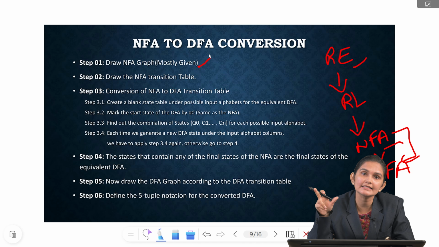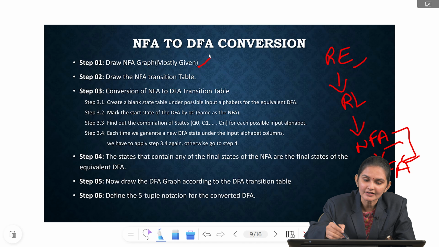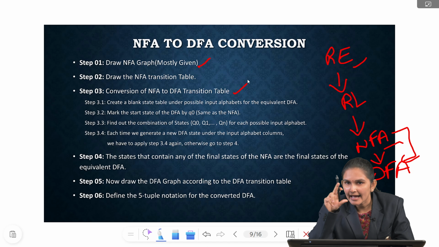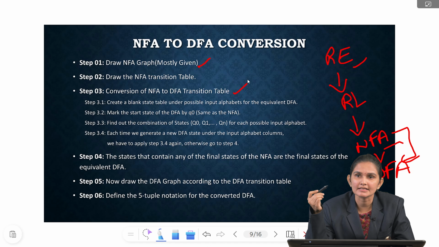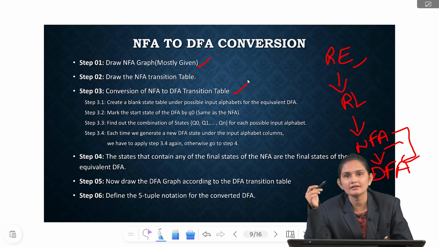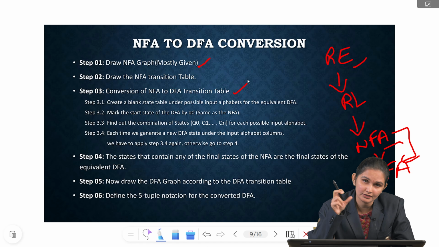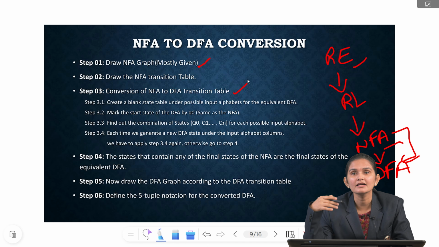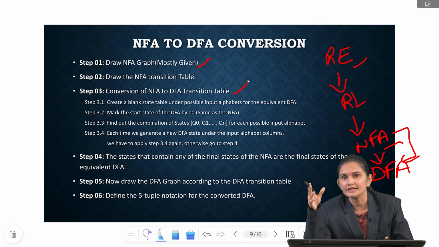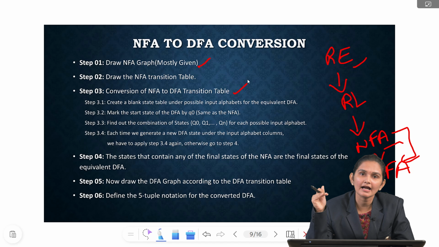After constructing the transition table, we take a blank table and start with the initial state. After the initial state transitions are done, the newly appeared states we take as new states for the DFA, and then we keep converting the table into DFA slowly until no new states are formed.